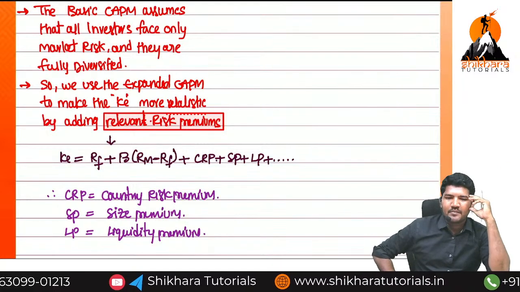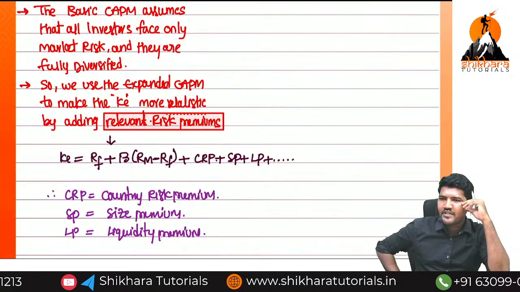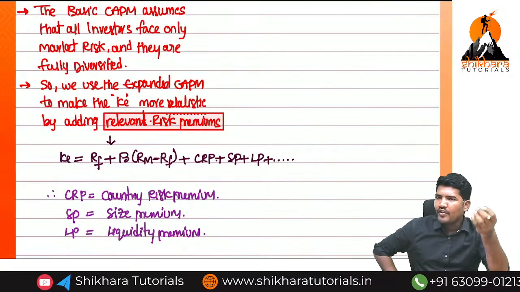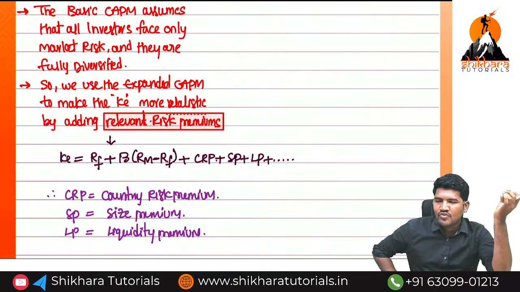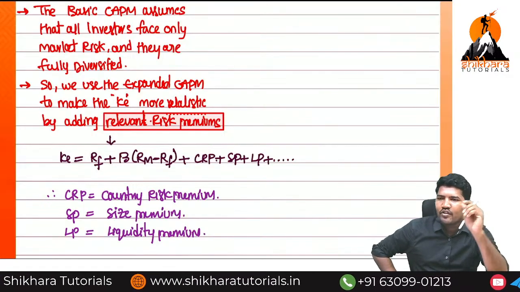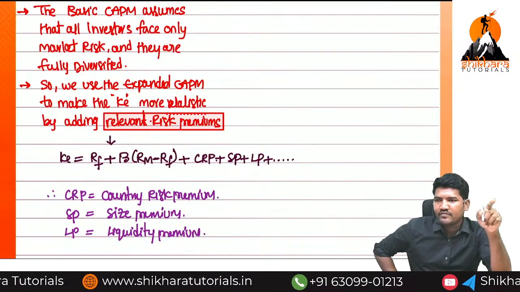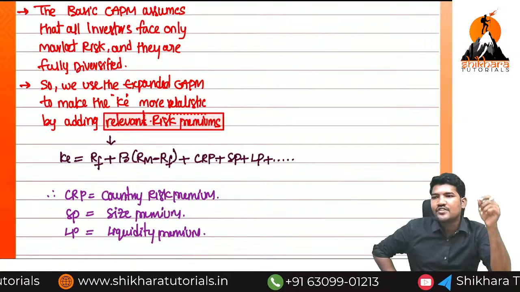So a simple example, sir. I'm doing business in the US. I am following basic CAPM. So on that US based company, they expect only risk related to the US market. Now they are expanding their business to India. Now that company has Indian shareholders.